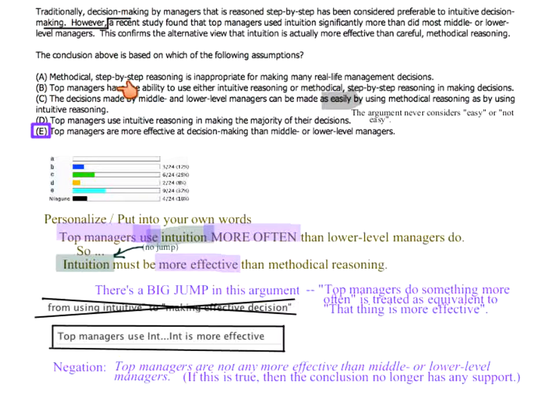Even if you have that, it doesn't destroy the argument. Even if the executives are using intuition because they have to, if it's more effective, it's still more effective. So choice B seems like a very reasonable thing, but even though it's perfectly reasonable, it's not necessary to the argument. You don't need to assume that these people are actually choosing freely between two.